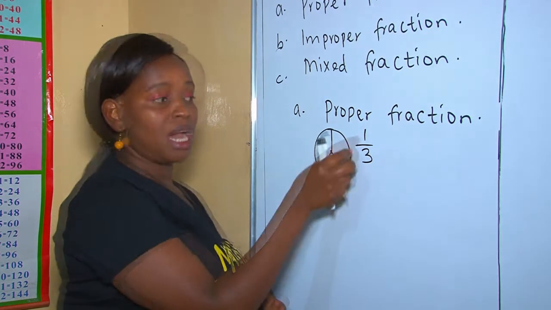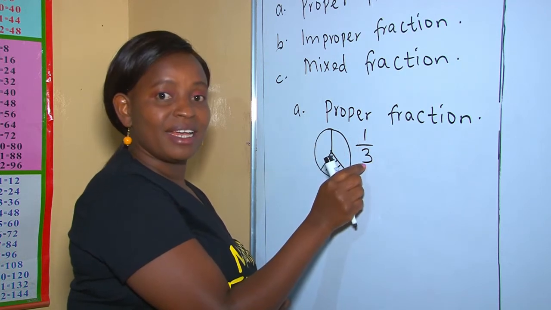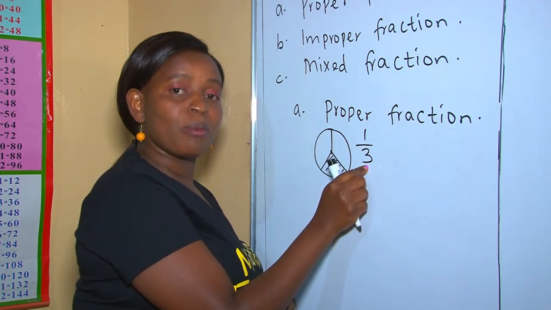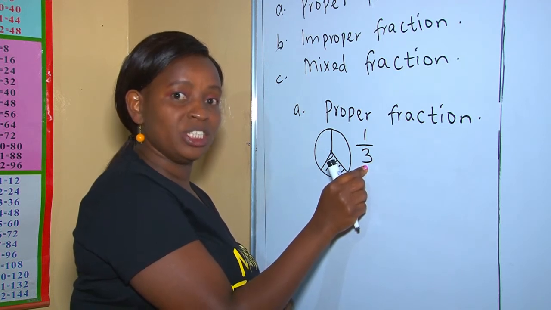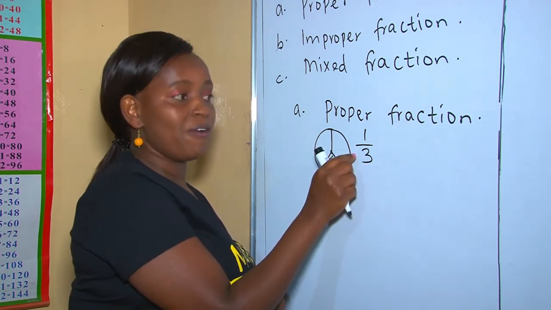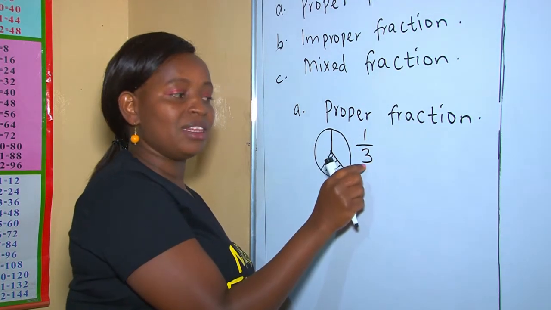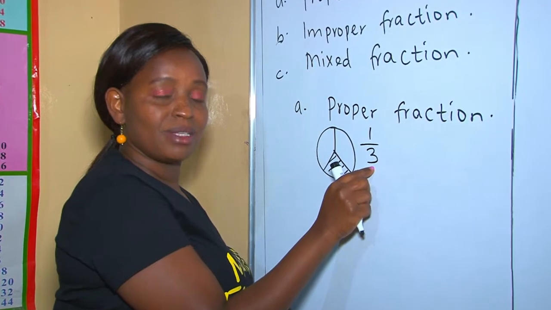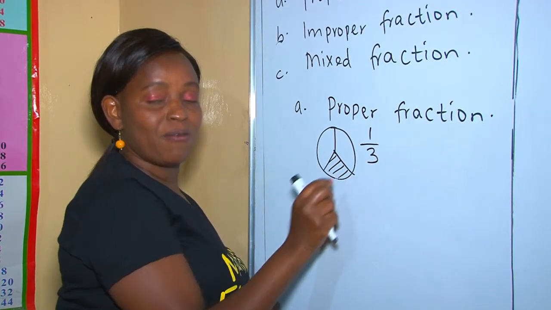It's because the top number here is smaller than the bottom number. From a previous lesson, we learned about what we call numerator and denominator in a fraction. Therefore, in a proper fraction, the numerator is smaller than the denominator. So, in case you face such a fraction, it's called proper fraction.